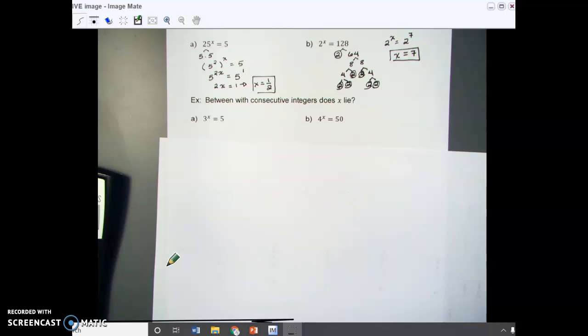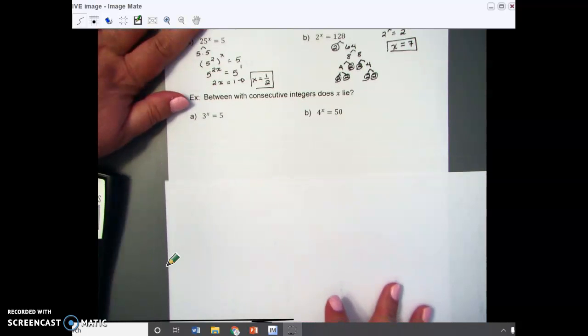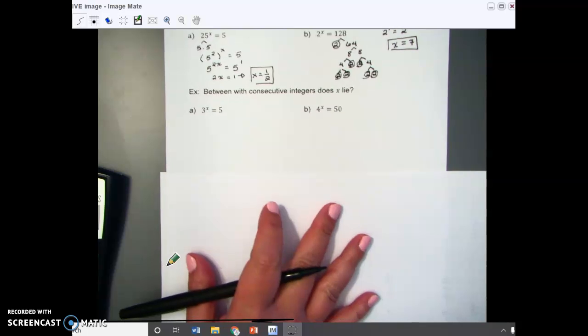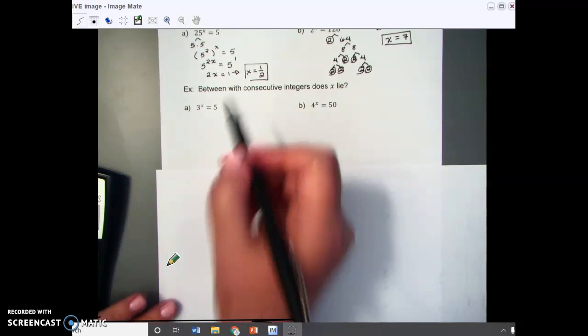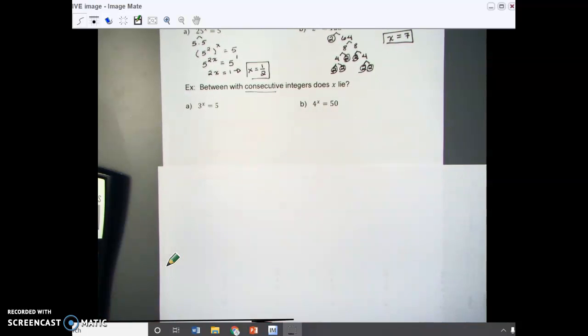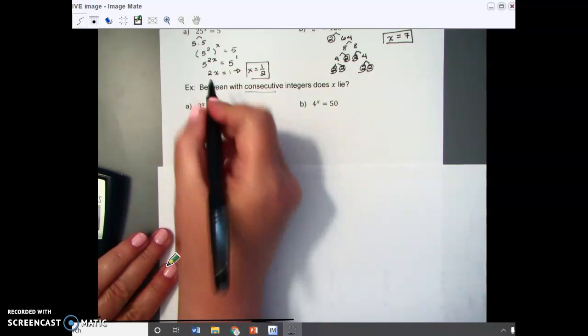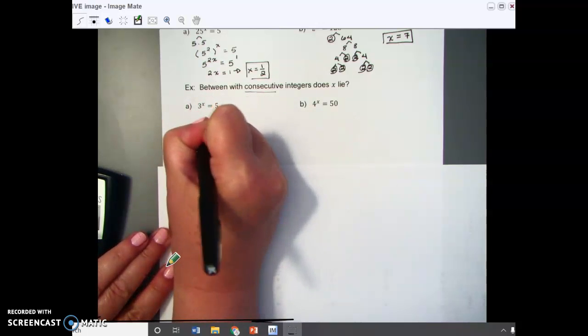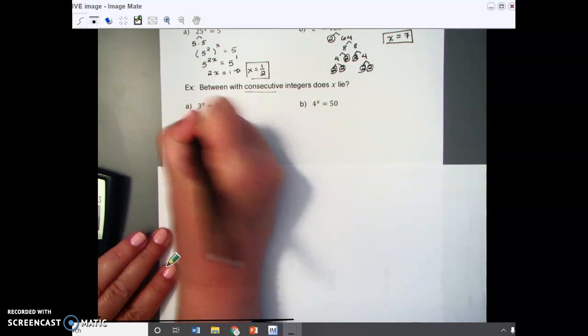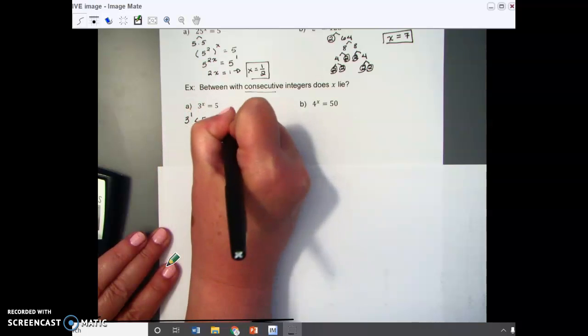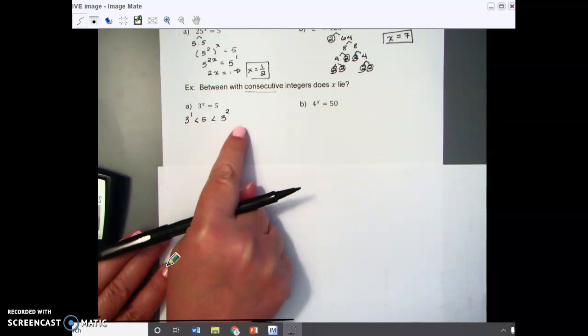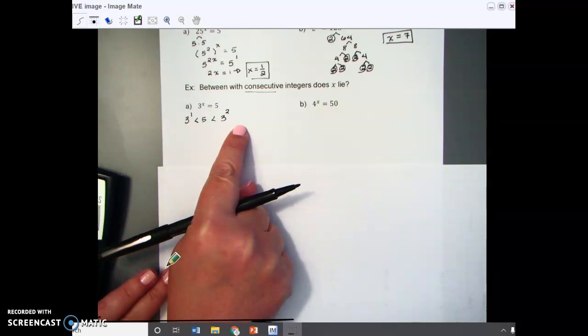So let's take a look at the example that I just had on the PowerPoint, and we want to figure out if 3 to the x is equal to 5, between which consecutive integers does x lie? So consecutive would be in order if I was counting. So taking a look at this problem, do you see that 5 is greater than 3 to the first, but smaller than 3 to the second, meaning greater than 3, but smaller than 9, okay?